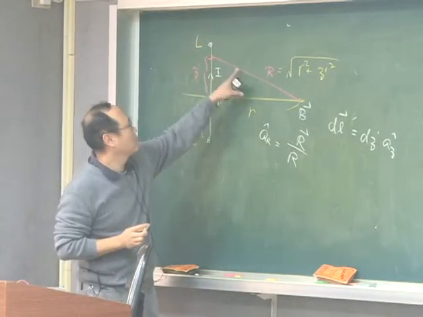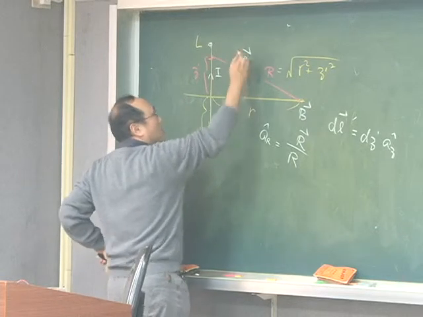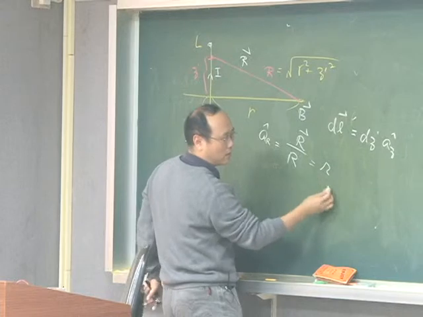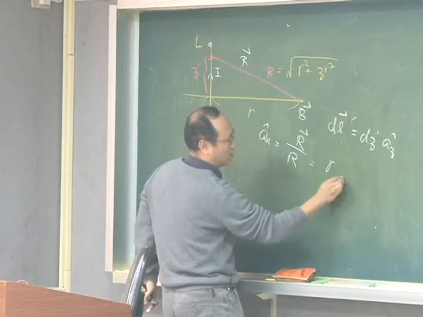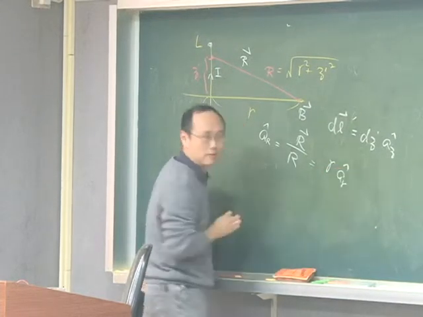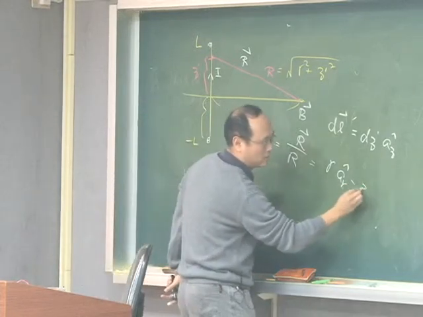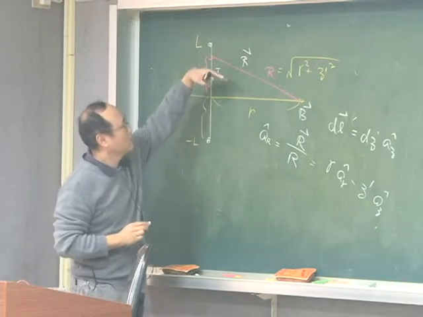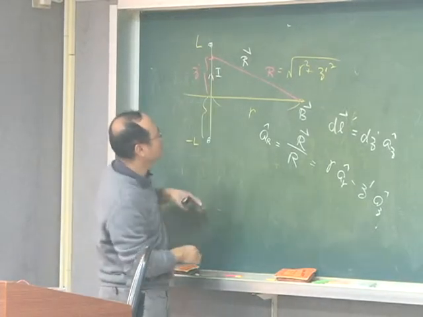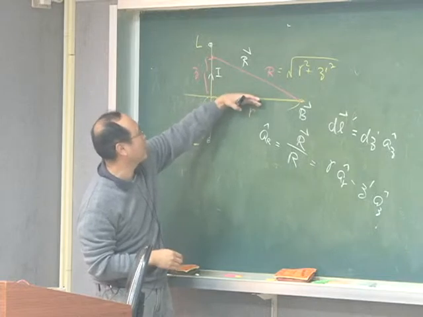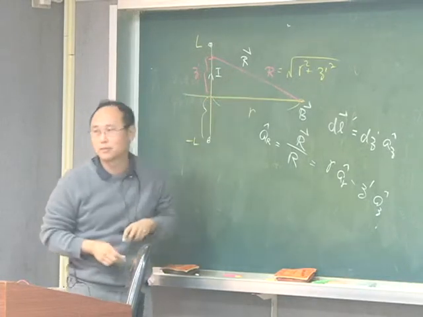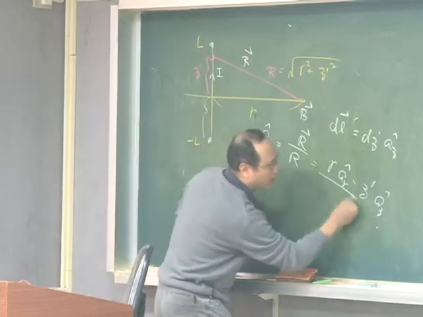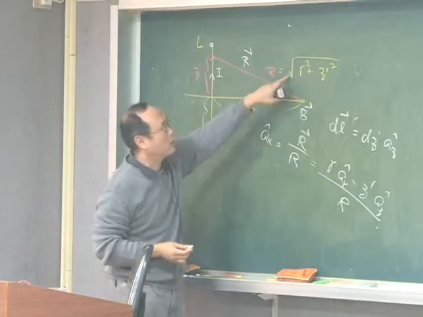This vector R is equal to r a r minus z prime a z. Yes, this vector minus this vector gives this vector. So you can write out a R and divide by R. R is like this.